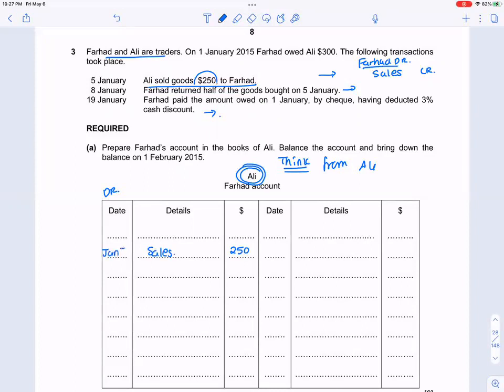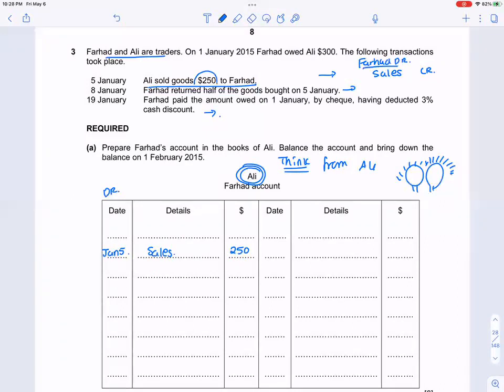Are you with me? Now, as soon as you record sales on the debit side, there should be a bulb in your mind that should shine. In which account do you have credit sales on the debit side?